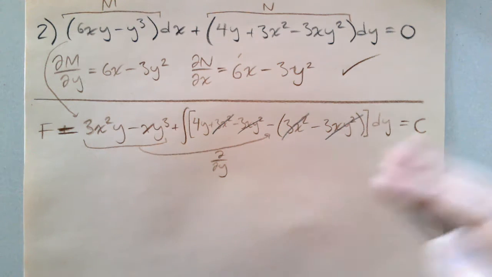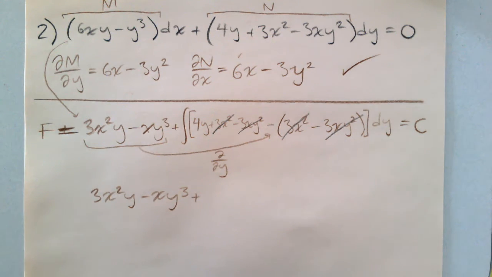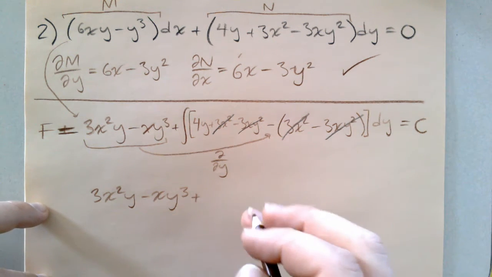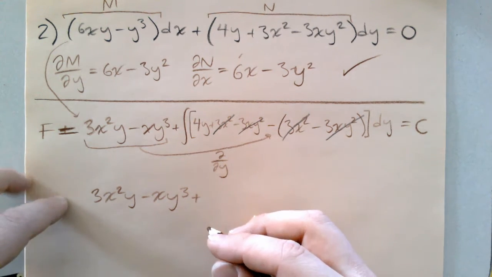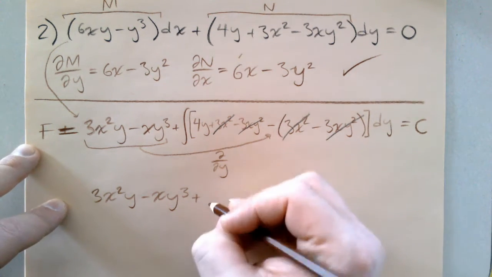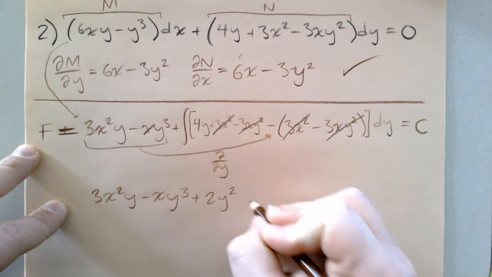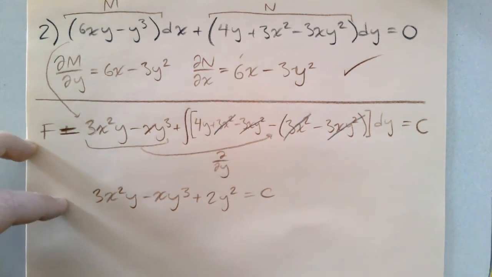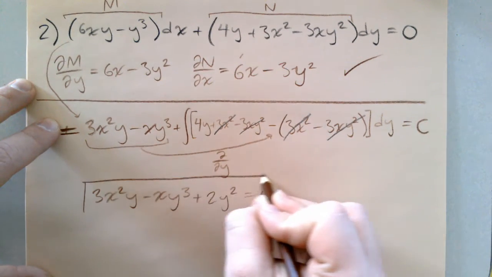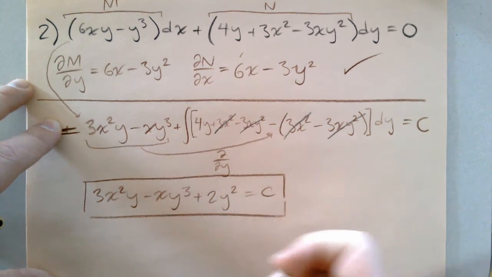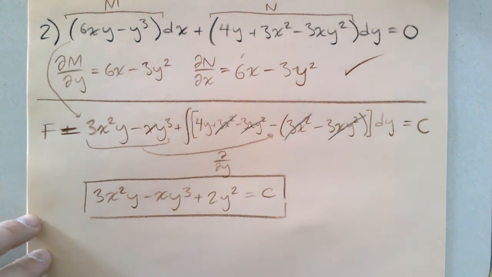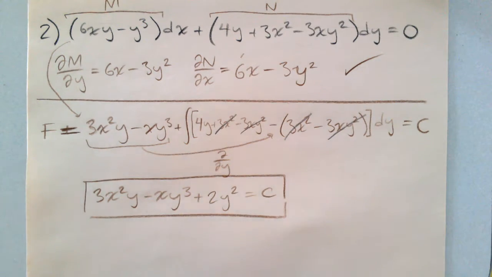So we can write that out, where the integral of 4y with respect to y is just 2y squared. All of that's equal to c, so that is our final solution. For this exact equation, we showed it's exact. We showed that the solution is 3x squared y minus xy cubed plus 2y squared is equal to c.